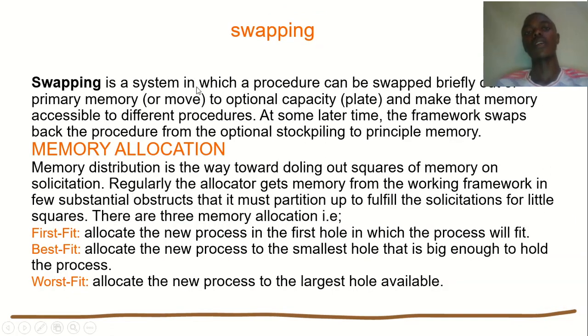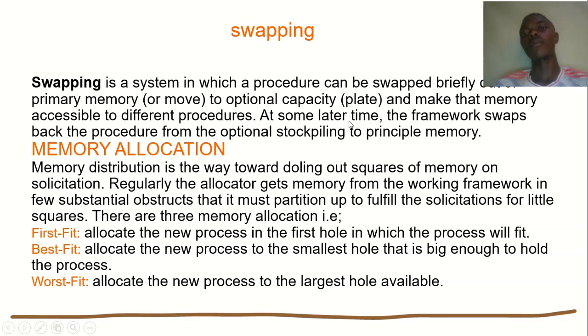Now swapping. Swapping is a system in which a procedure can be swapped briefly out of primary memory or moved to optional capacity, and make the memory accessible to different procedures.